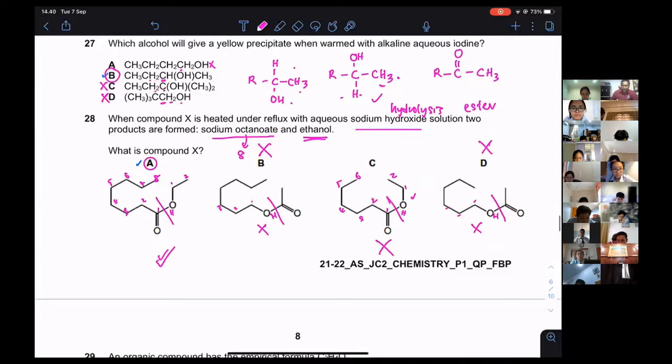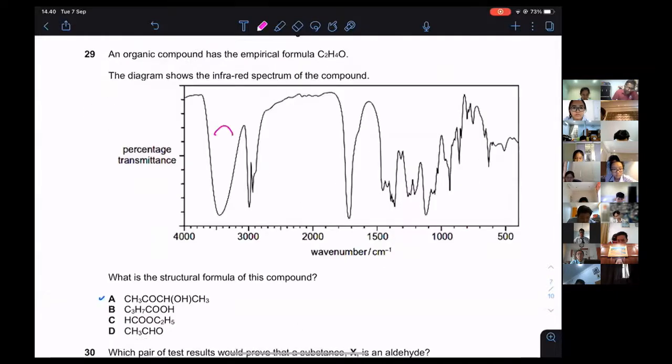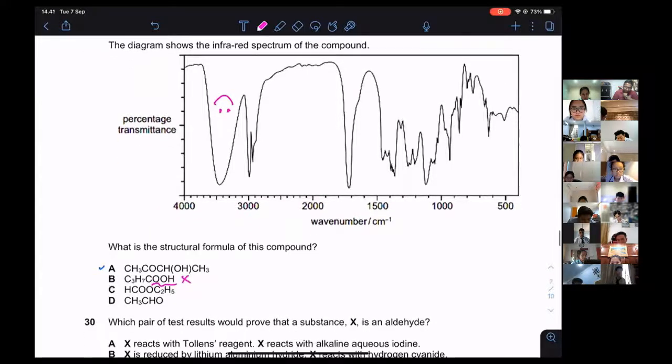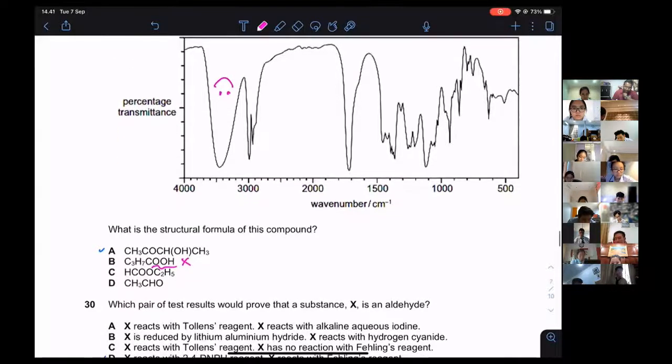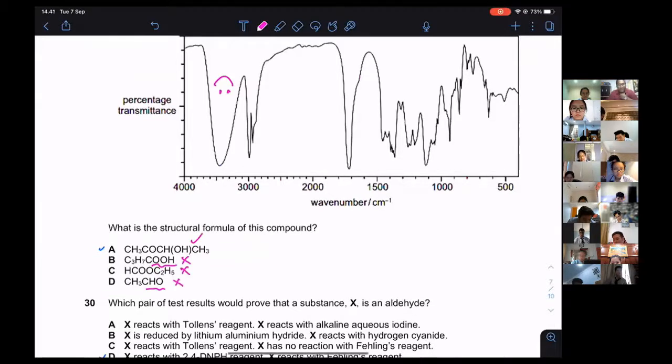29. My favorite. The moment you see this, you will see that this is going to be alcohol. Anything to do with alcohol. You can see here, this is carboxylic acid, no. This is ester, no. Aldehyde, no. Automatically, I know it's going to be alcohol, no need to look at other things.